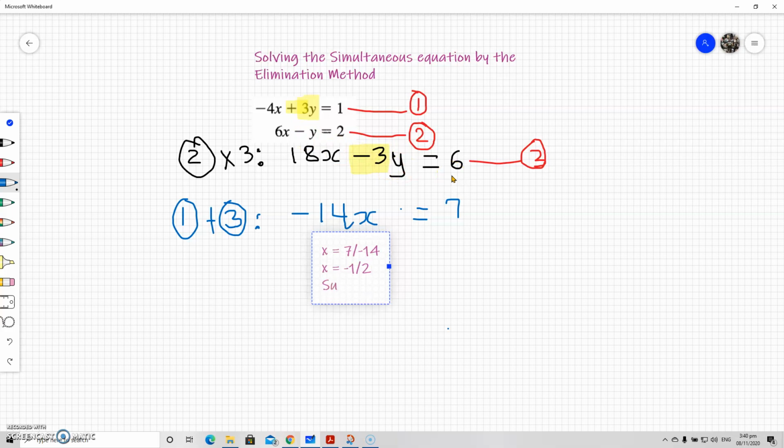So I substitute x equals minus a half in equation 2. Wherever I have x, I'm going to replace it with minus a half.